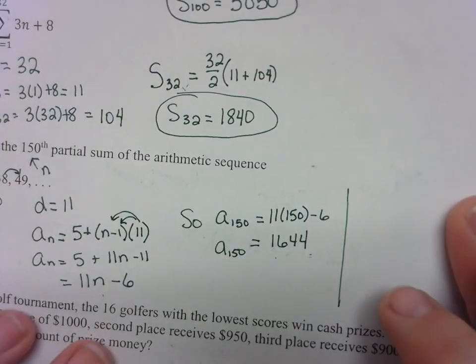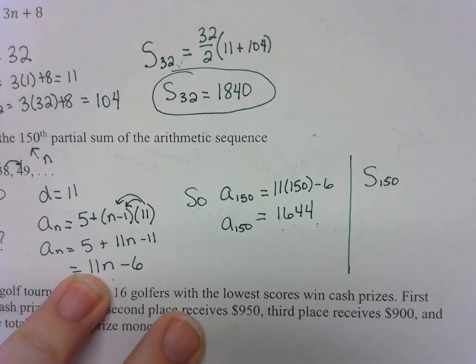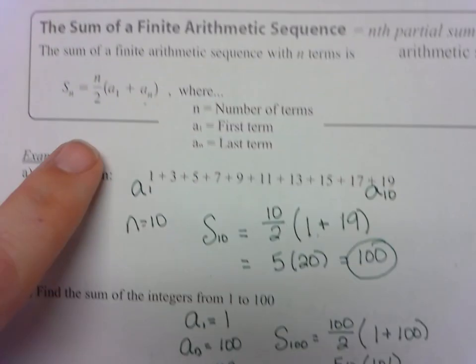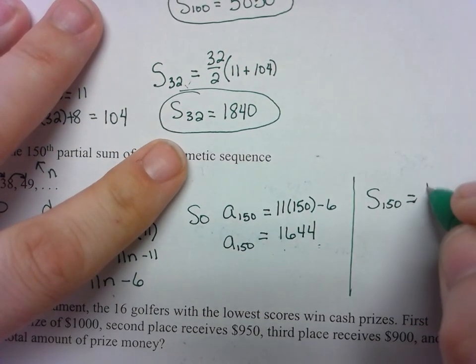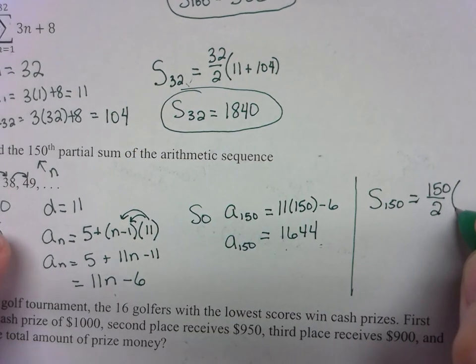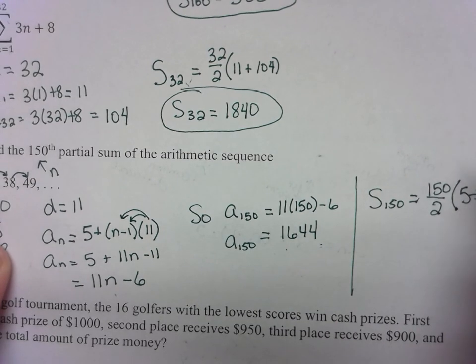So let's plug that all in. The sum of the first 150 terms of this sequence would equal, let's go back to the formula here, n over 2. So that is 150 over 2 times our first term, which is going to be our 5, plus our last term, which in this case is the 1644.